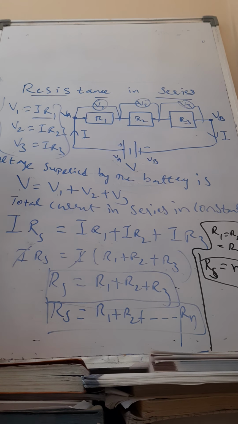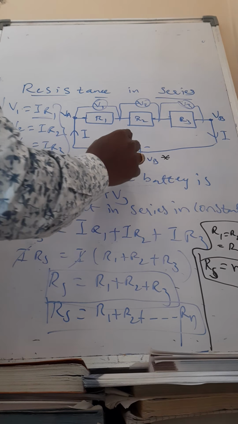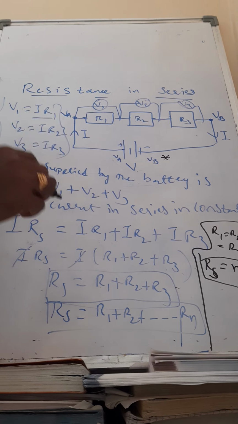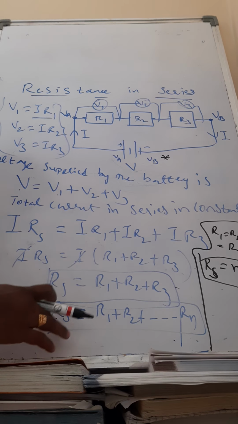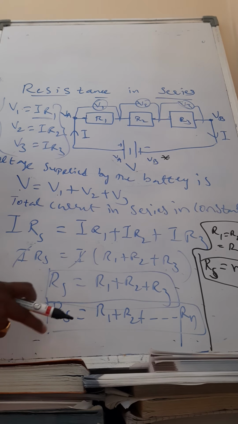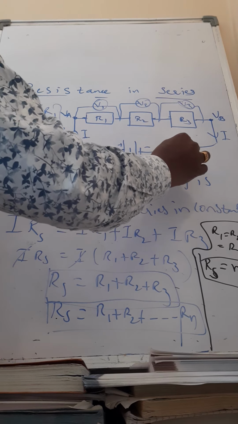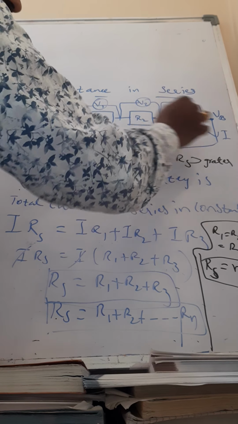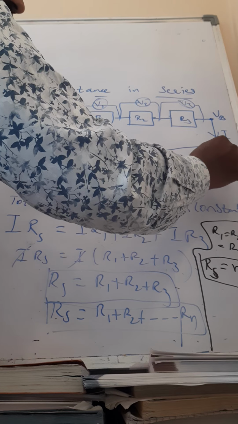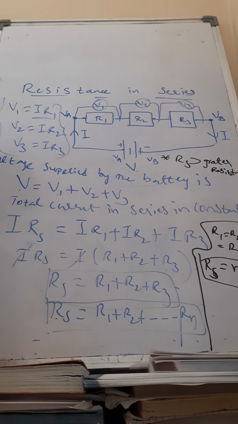One important point I wanted to tell you: in the series combination, the sum of all the resistances, which is the equivalent resistance RS, is always greater than the greatest resistance you are connecting in the circuit.